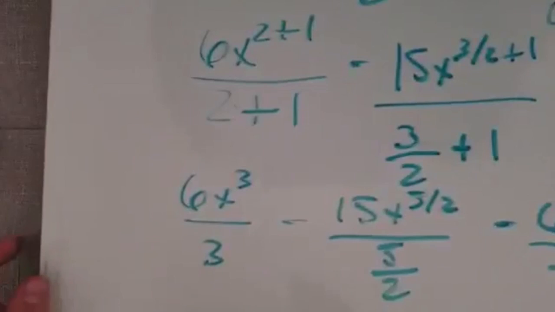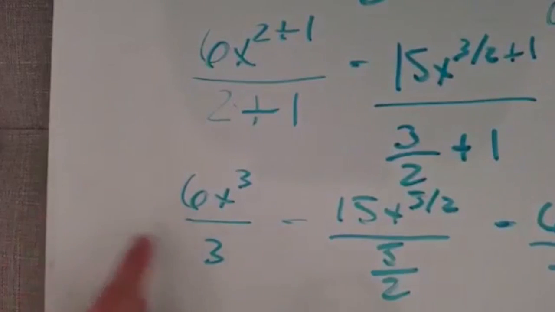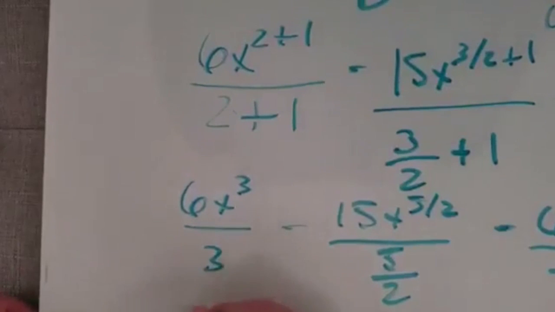After this, you have to simplify all this. So what you're gonna do is 2x cubic minus this.